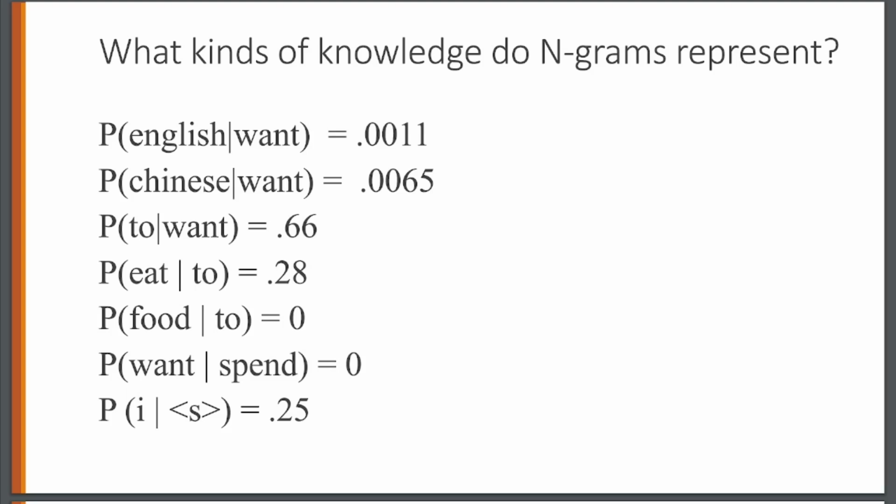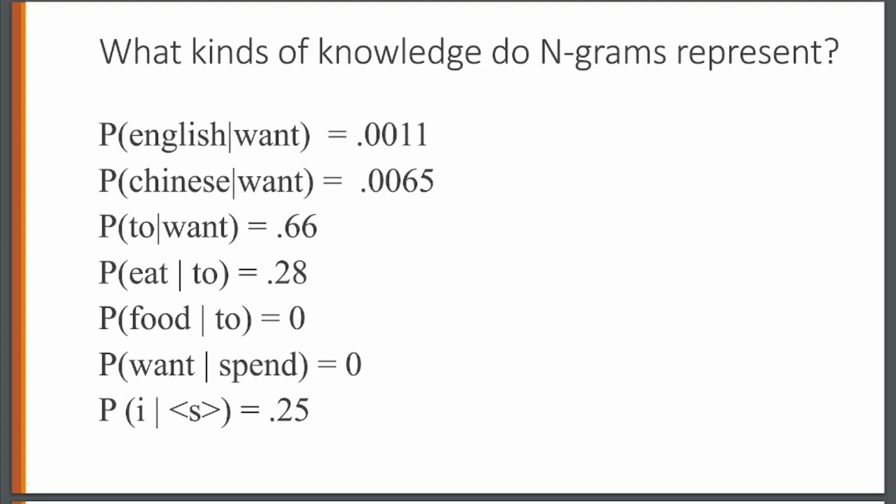Or want Chinese comes up about 6-7 tenths of a percent of the bigrams in this corpus, right? And it looks like in this particular set of sentences that was collected for this corpus, I starts the sentence about 25% of the time, right?